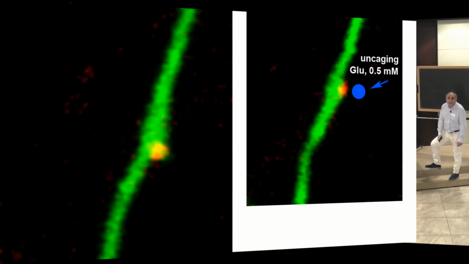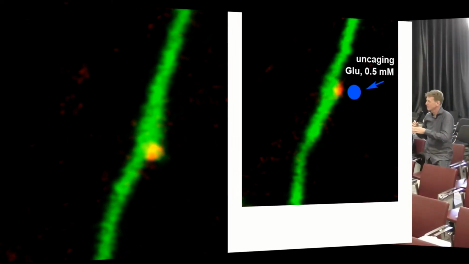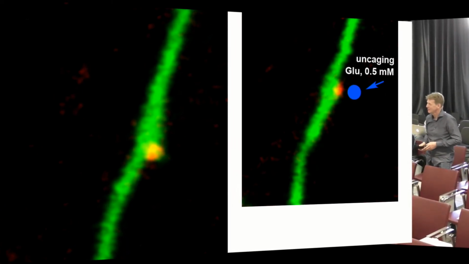Yes, please. You need a microphone. I have probably a very naive question, but it looks like the spines appear before ORI arrives. That's a good impression. You have good eyes, by the way.